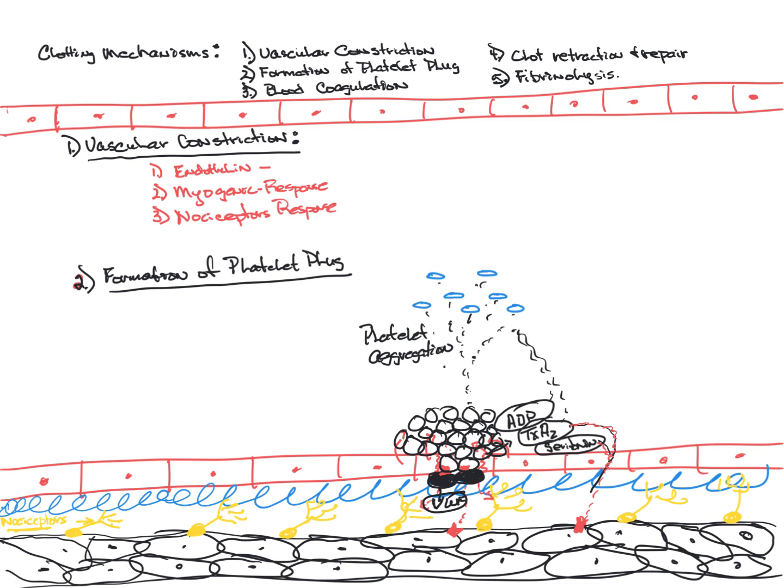The adenosine diphosphate, ADP, along with the thromboxane A2, stimulate the platelets to be drawn to the injured site of the endothelium, known as platelet aggregation.